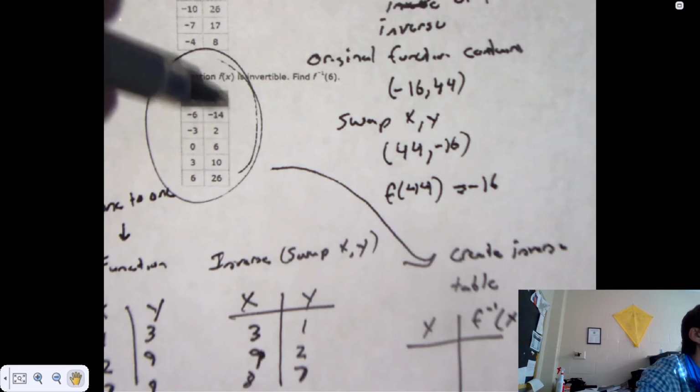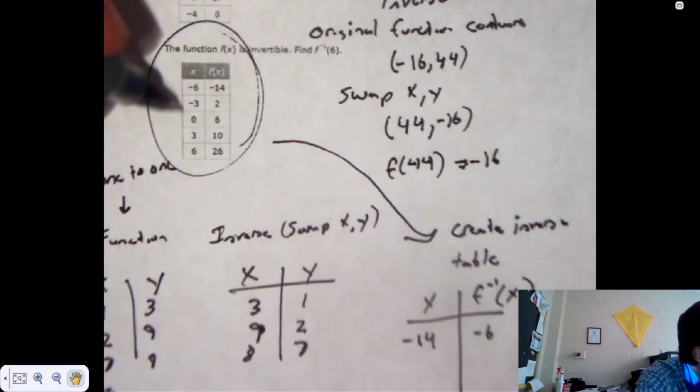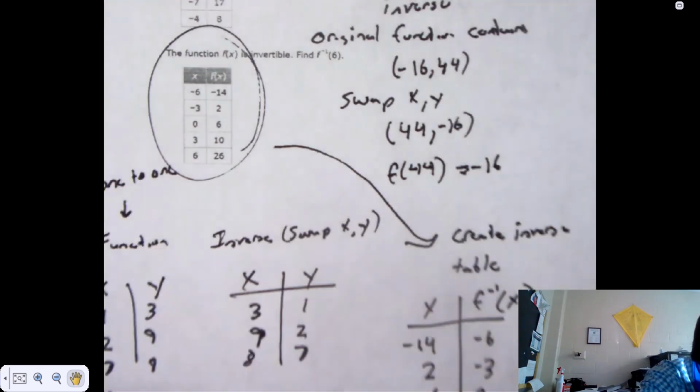What's the first row for the inverse table? Negative 14, negative 6. We just swapped these things around. The second row, negative 3, 2, is 2, negative 3. Third row, 6, 0. Fourth row, 10, 3. Last row, 26, 6.